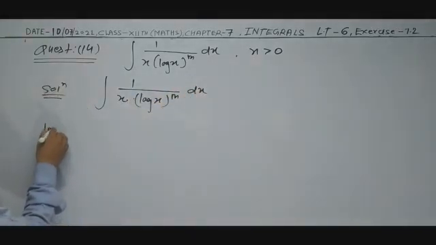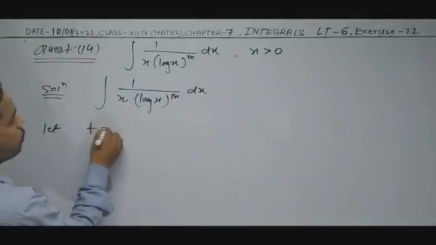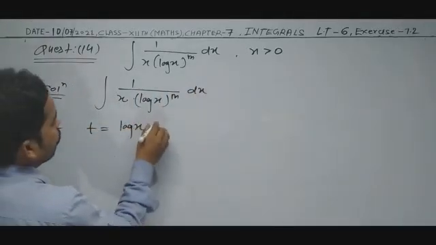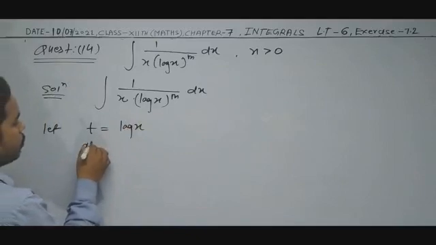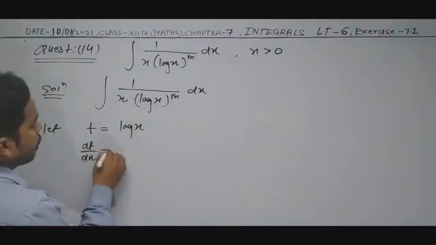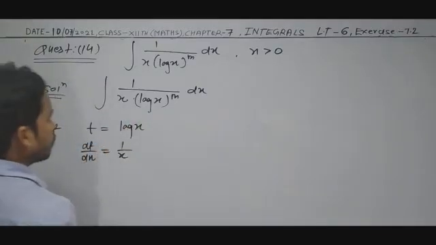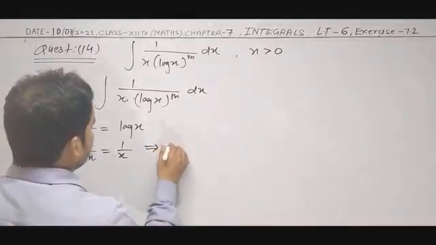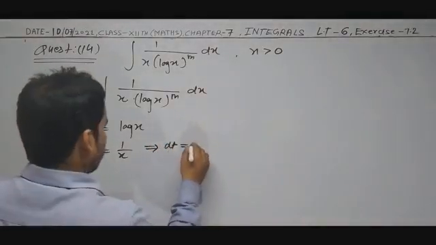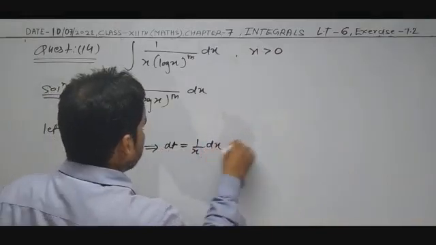Now in this question you will consider let t is equal to log x. Now dt by dx can be written as 1 upon x. This implies you can write dt is equal to 1 by x dx.